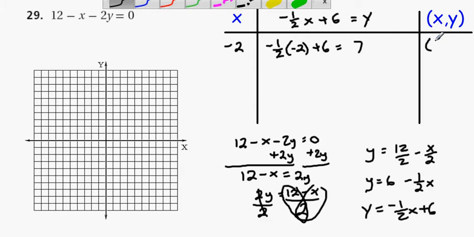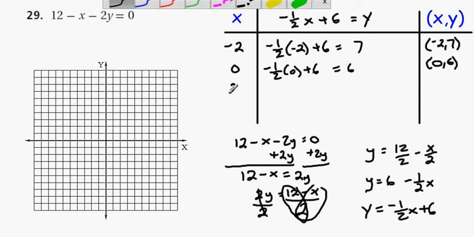So my ordered pair here is going to be negative 2, comma 7. Okay? Let's take 0. So here I have negative 1/2 times 0 plus 6. Well, 0 times anything is 0, so 0 plus 6 is 6. So at 0, I'm at 6.